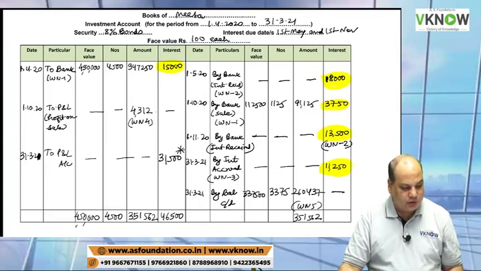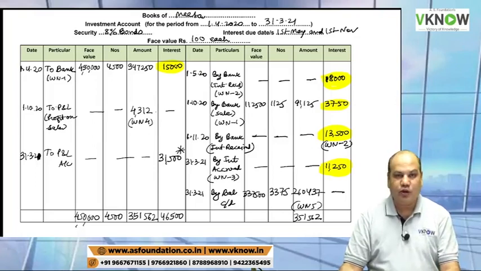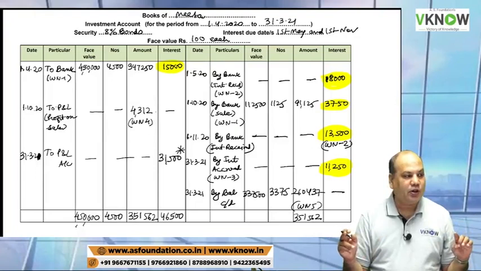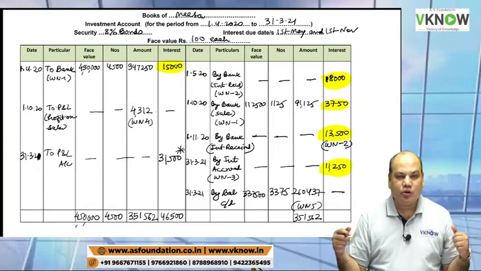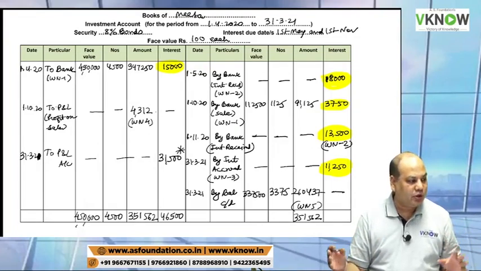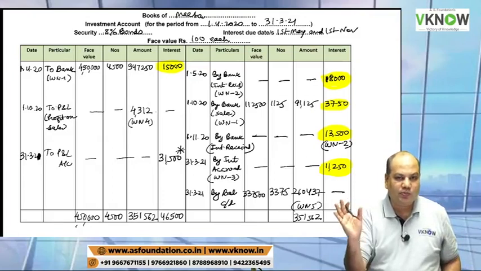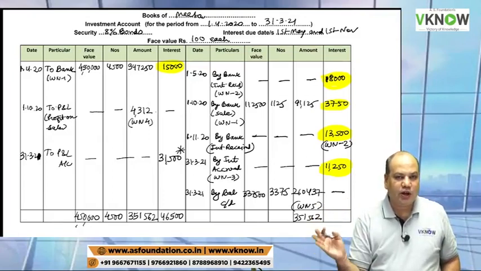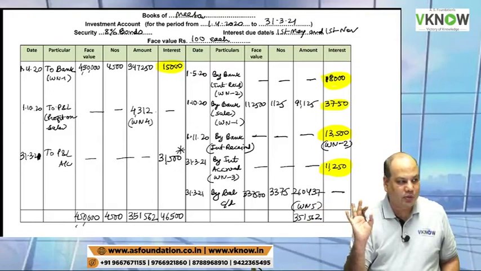So this answer is partly over now. This part is only bond. And I have seen in the exam they will ask you one bond, one share, two shares. Solve each part separately and you will find it very easy problem.